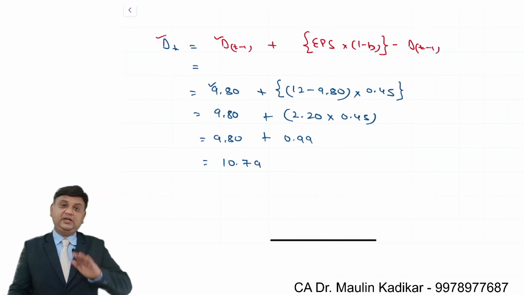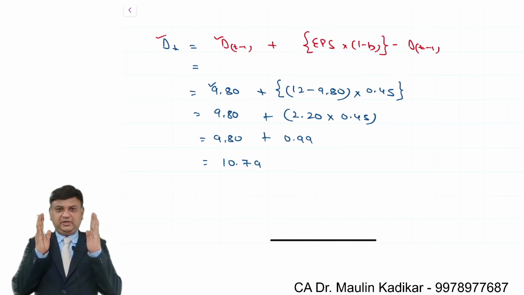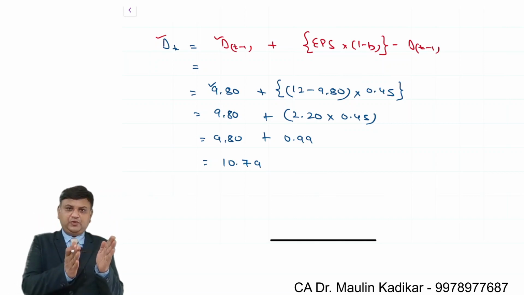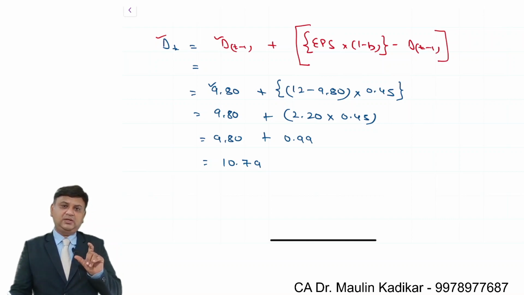Because you cannot give earning per share into dividend payout ratio plus last year's dividend per share. So from EPS into dividend payout ratio, the previous year dividend is subtracted. That will give us the incremental dividend.